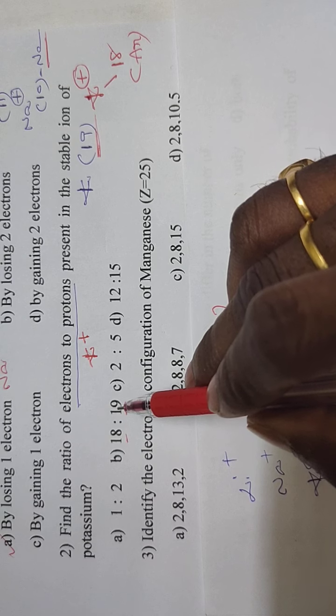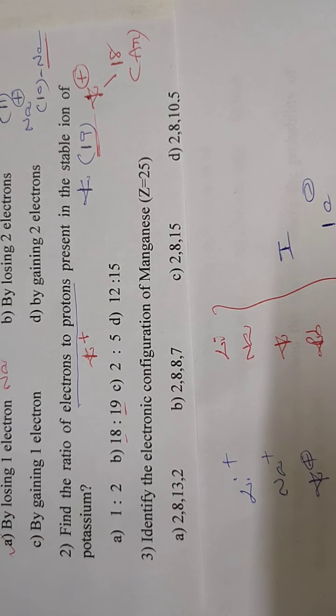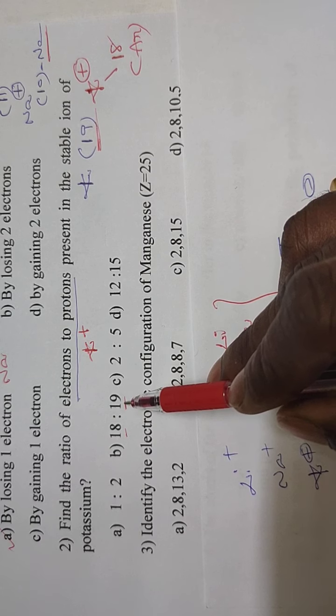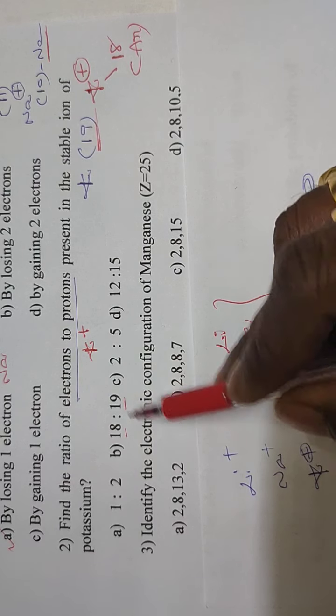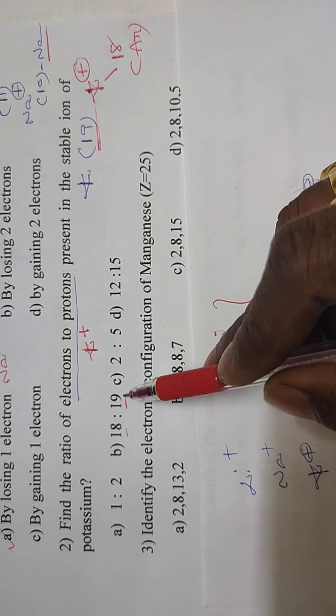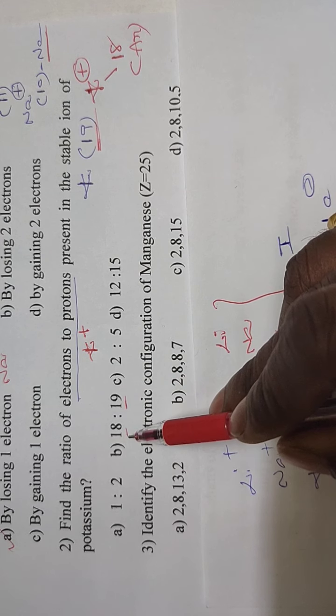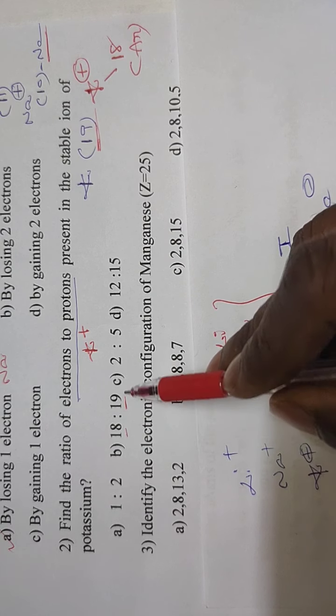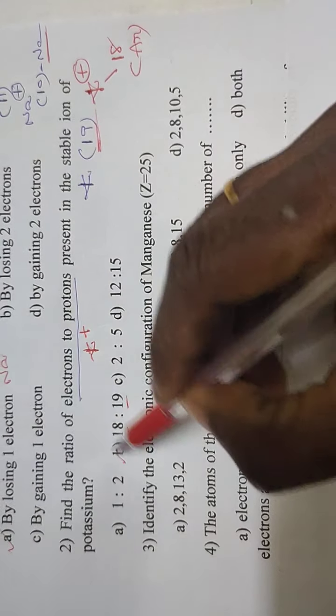The proton number is always constant. The atomic number and the number of protons are equal. So the number of protons is 19, and in the stable K+ ion the number of electrons is 18. That is why the ratio is 18:19. So the correct answer is B.